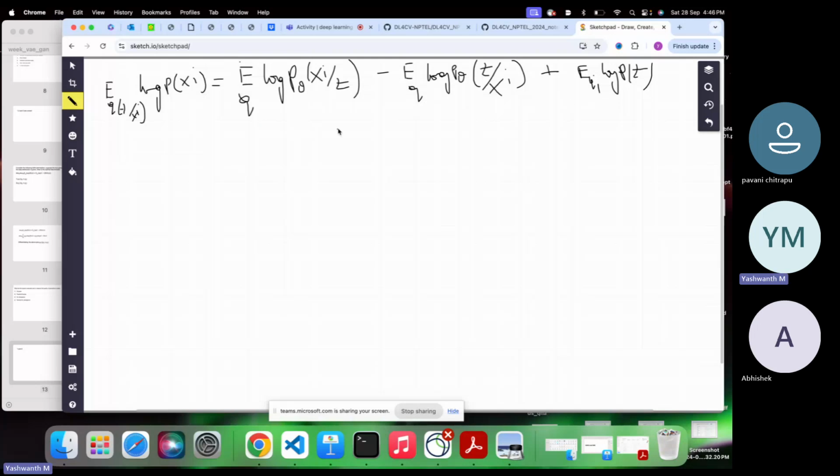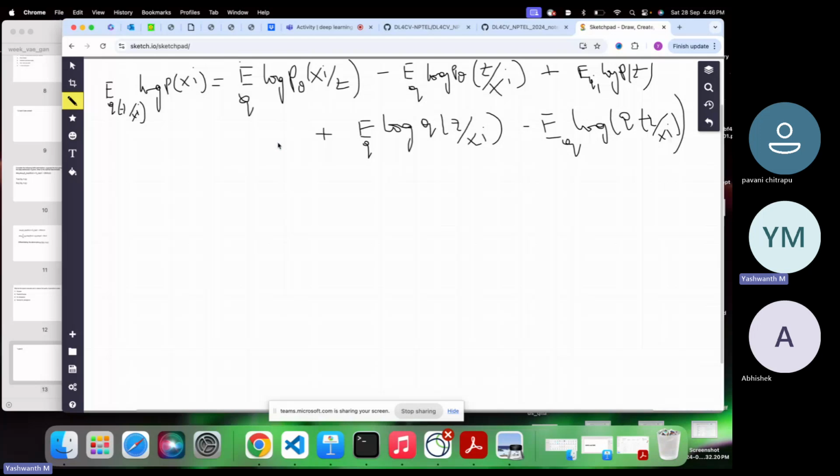So now let's add and subtract one term, expectation under q of log of q of z given x, minus expectation of q of log of q of z given x.